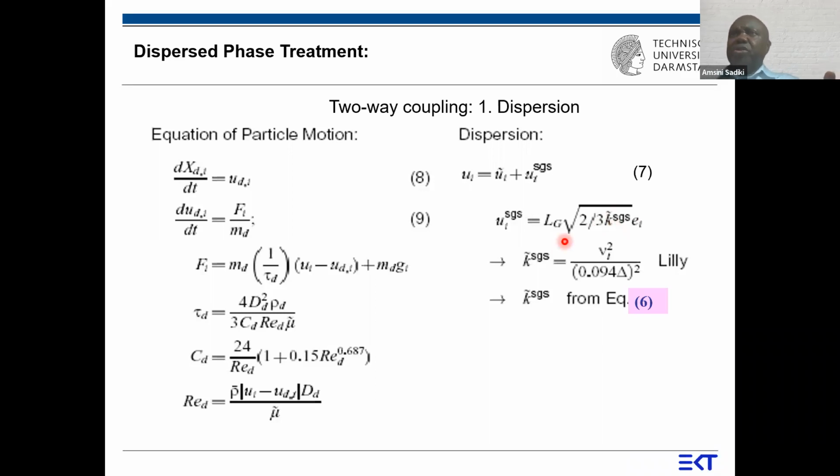So if we don't use the one equation model, we can also assume that the subgrid scale kinetic energy is provided by the Lilly assumption. It is comparable to what we have in the K epsilon model. So here we use this equation, the one equation model. Why?